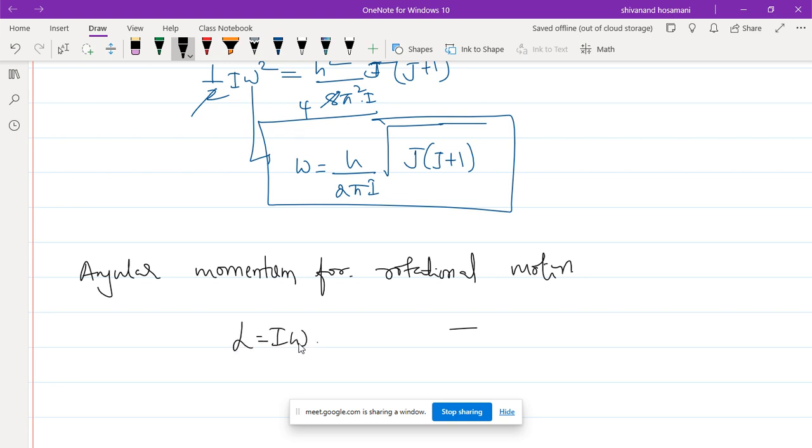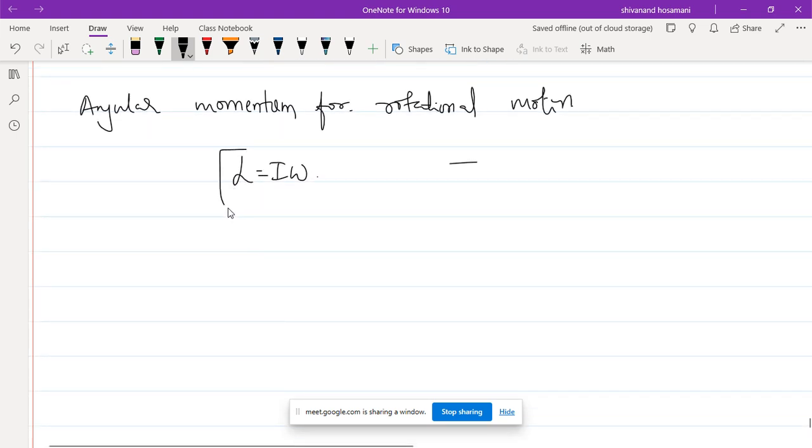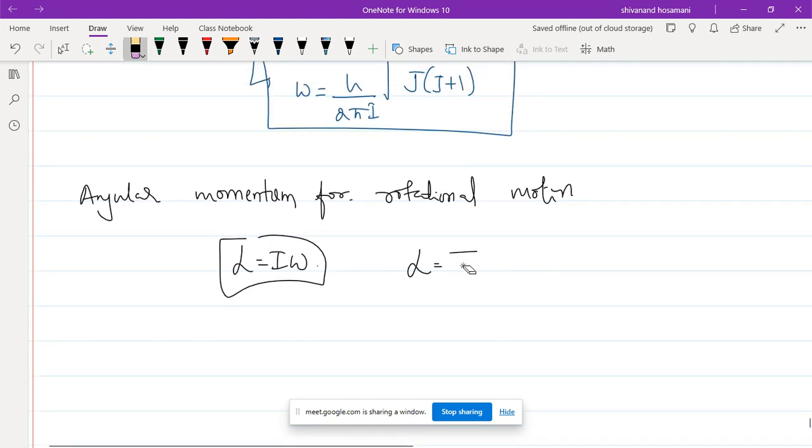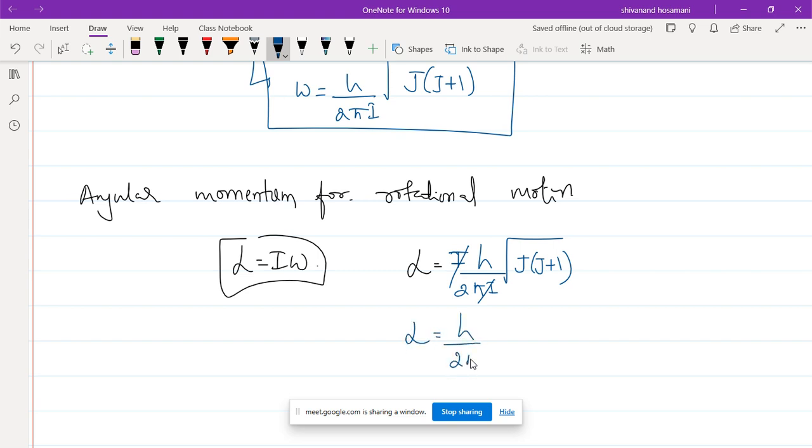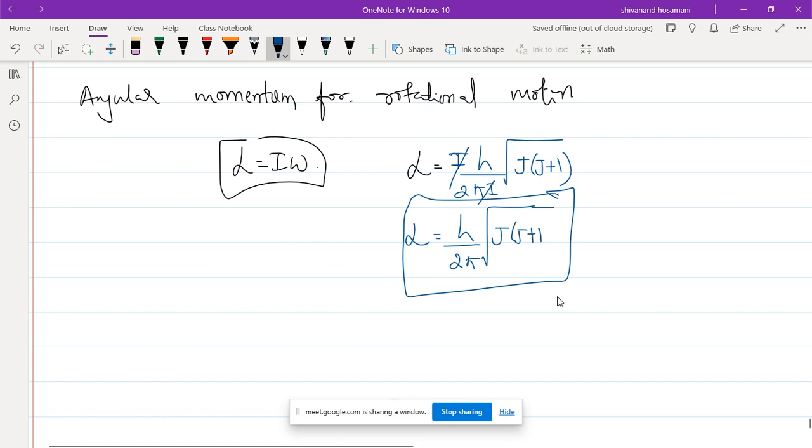Substituting the value of omega, omega is h divided by 2 pi I into root over J into J plus 1. If I cancel I, I get L is equal to h divided by 2 pi into root over J into J plus 1. So this is exactly the angular momentum in terms of rotational motion.